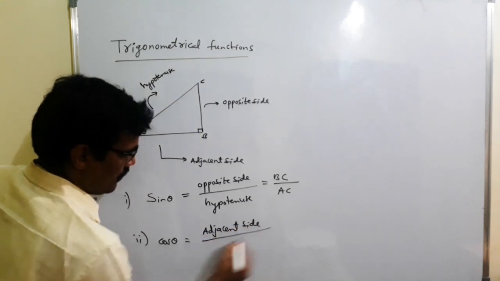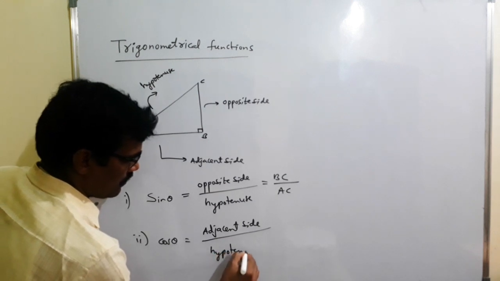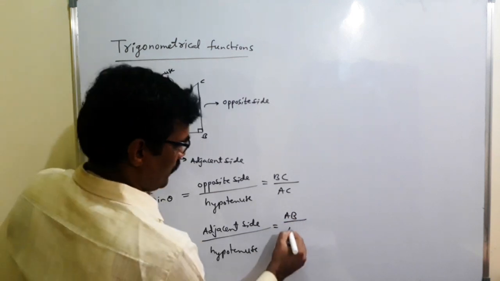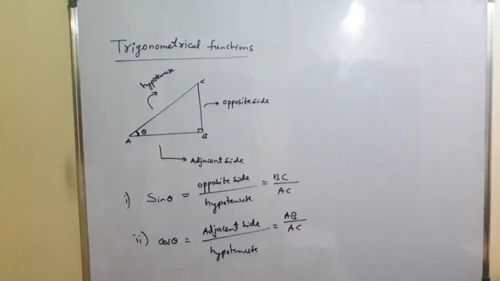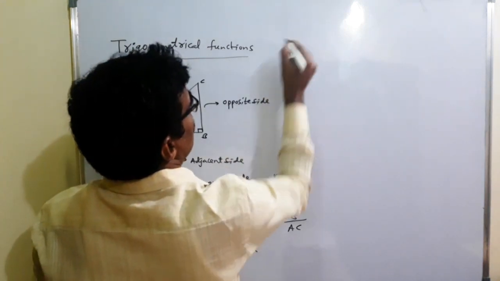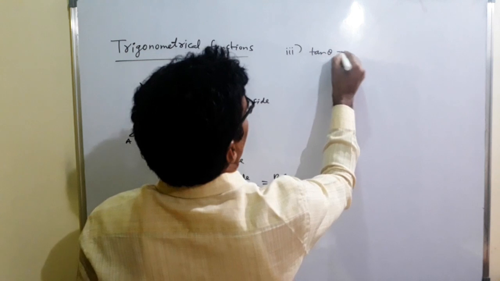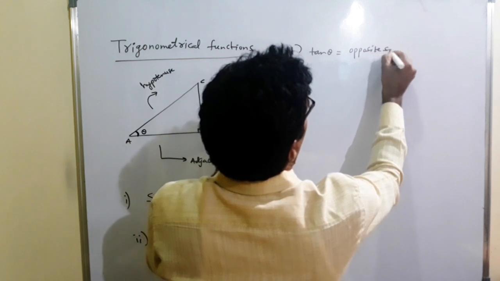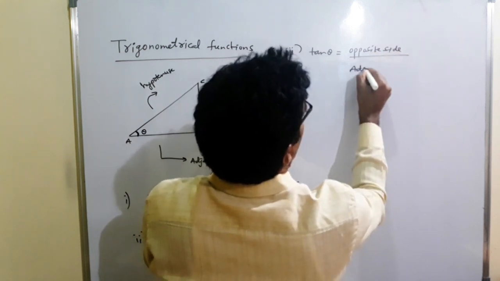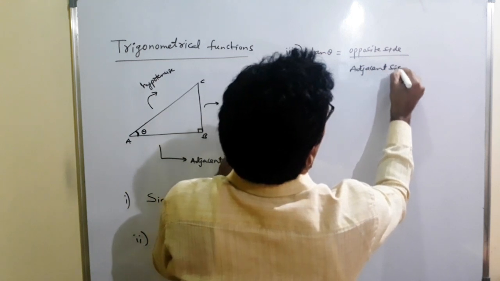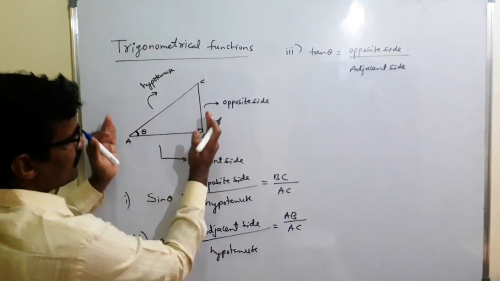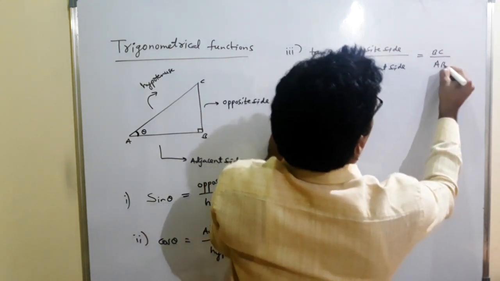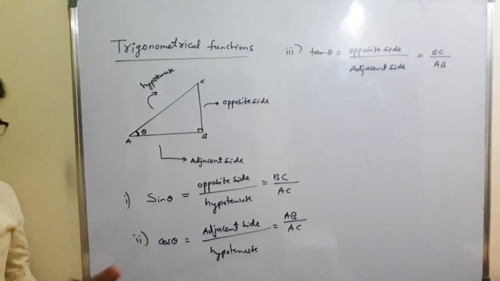Adjacent side by hypotenuse. This is AB by AC. Then next one is tan theta. Tan theta equal to opposite side by adjacent side. That is BC by AB. Up to this, okay, right.